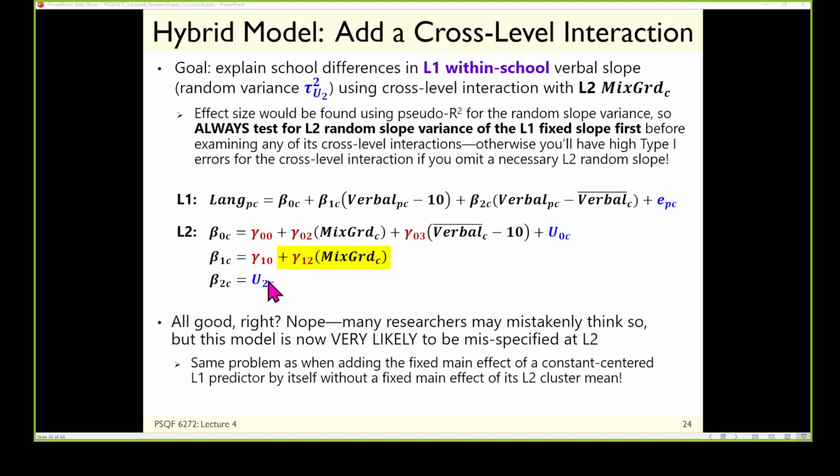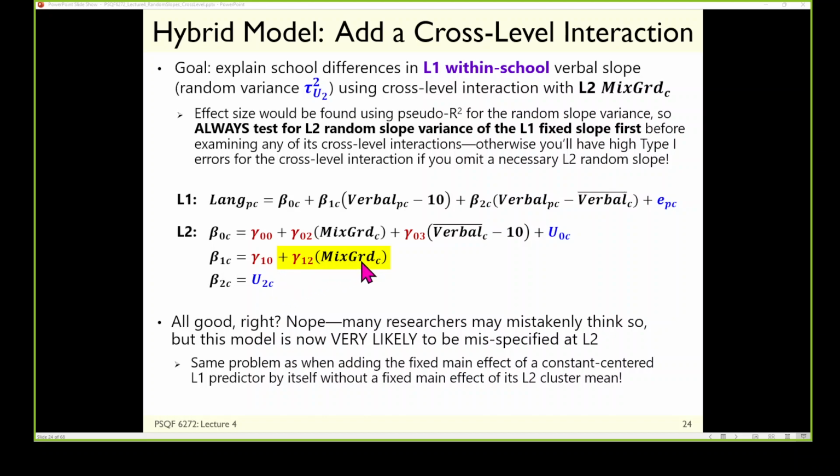Because this is the within slope after controlling for the contextual effect. That's the connection. So you can think of this beta 1 and beta 2 really as all one equation in terms of what it means conceptually. It's just that to get there correctly, you have to attach the random slope to the cluster mean centered version so that it's not multiplying the between part as well. That's the connection. So yeah, we can lump these together for all intents and purposes and talk about it that way.